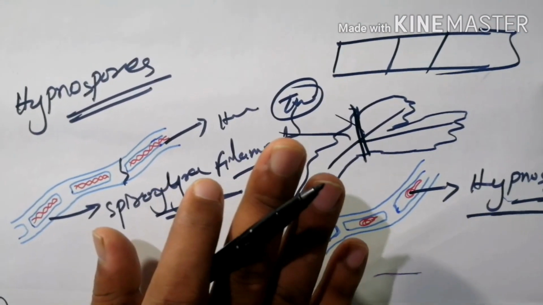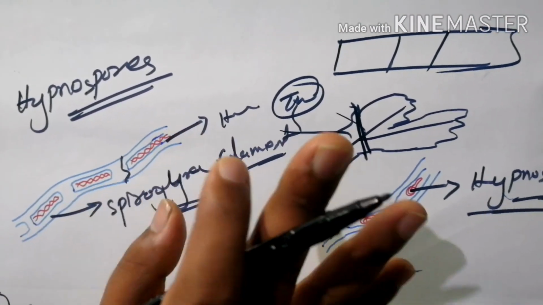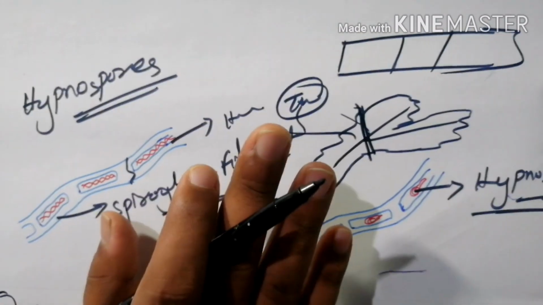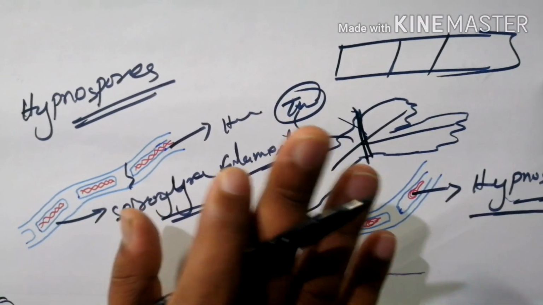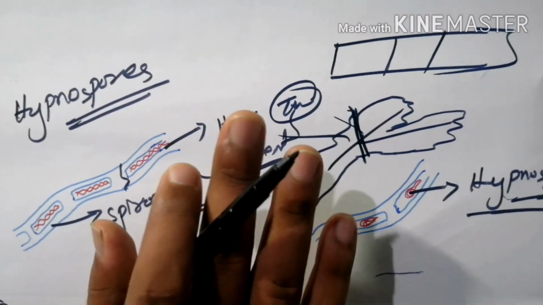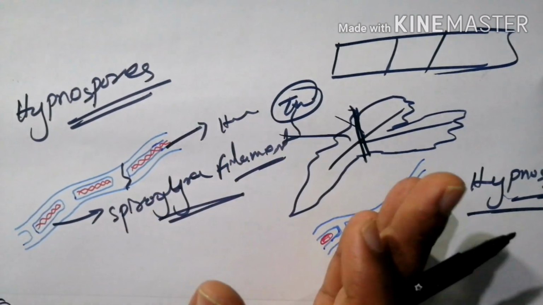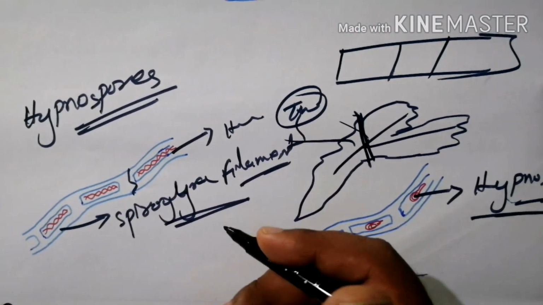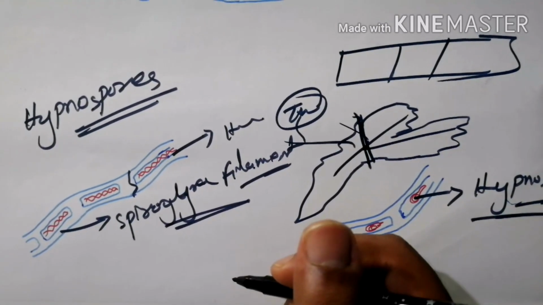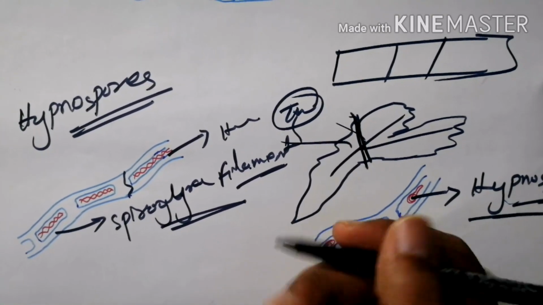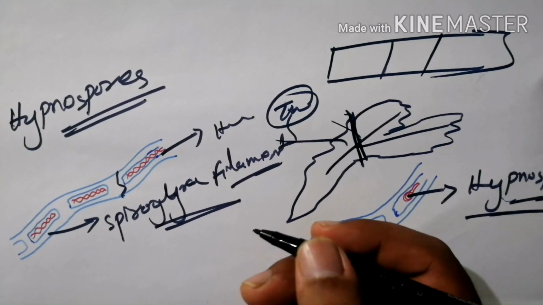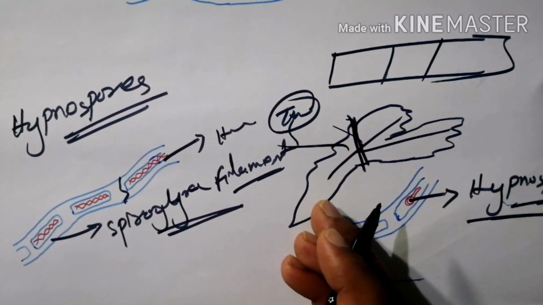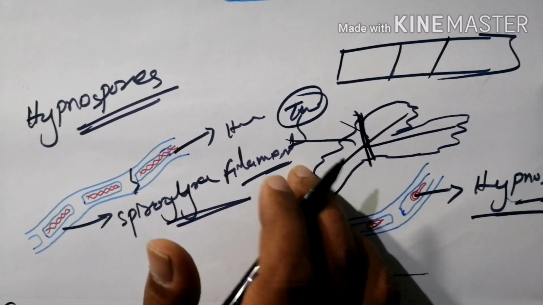My note also tells that there are only two points. The points are: it is a simple process of reproduction which occurs in algae and fungi, and the process of the thallus dividing into small fragments is caused by mechanical injury or some other dissolution or middle lamella breakdown, and gives rise to two plants.